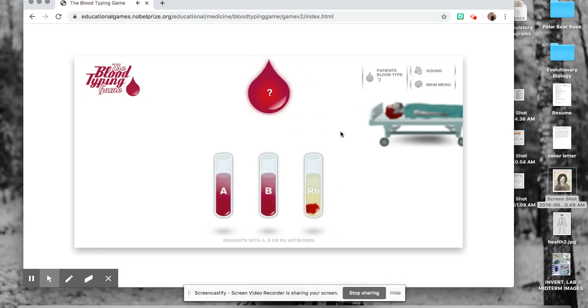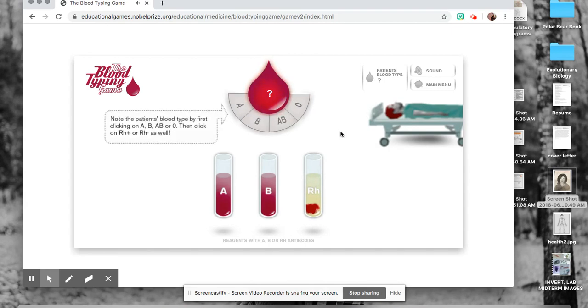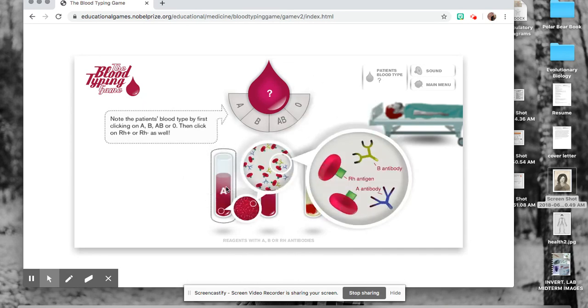Okay, we can see that a few different things happened here. These ones, my A and my B samples, stayed very smooth, and I had some agglutination happening here in my RH. Now I can take a quick look at what happens in these test tubes, and I can look at my red blood cells. Here you're going to be able to see what type of antigens are present on that red blood cell.